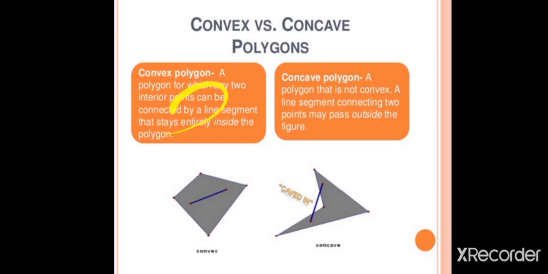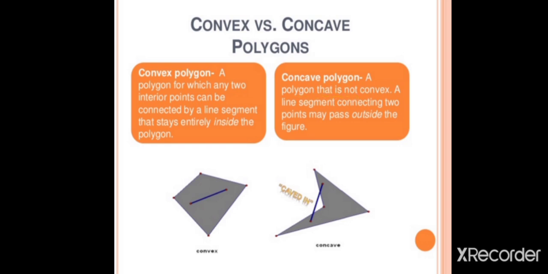According to our definition of the convex polygon, when we take any two points as a sample from this polygon boundary, and we connect these two points, one line is formed and that line must lie completely inside the polygon boundary. Then it is called the convex one. Otherwise it is called the concave one.